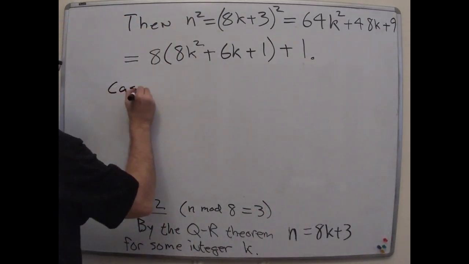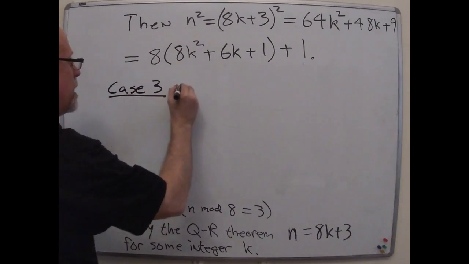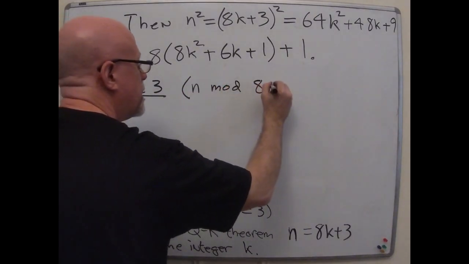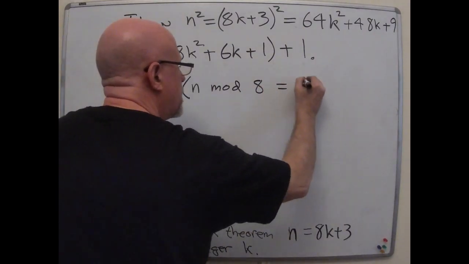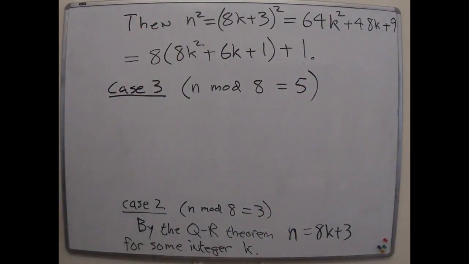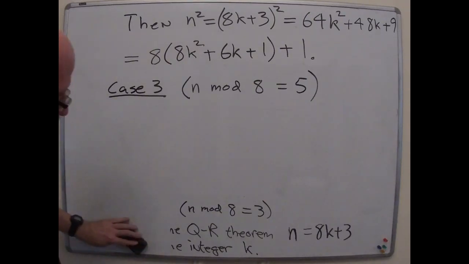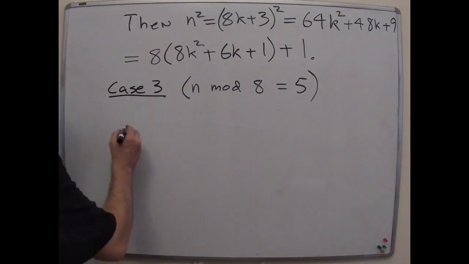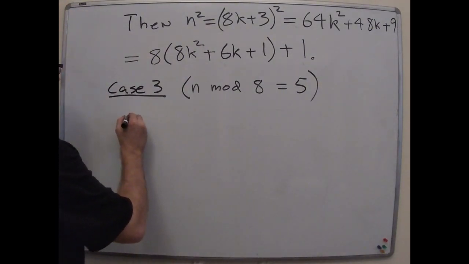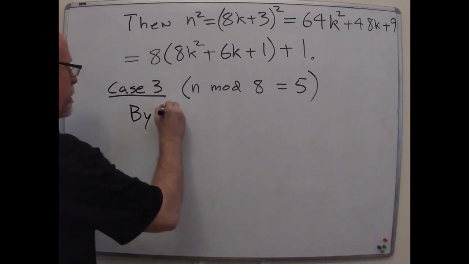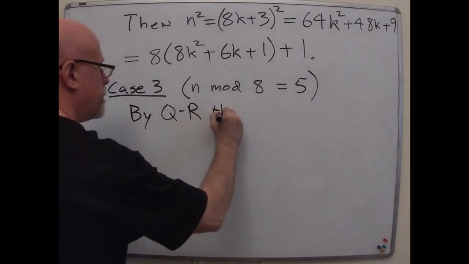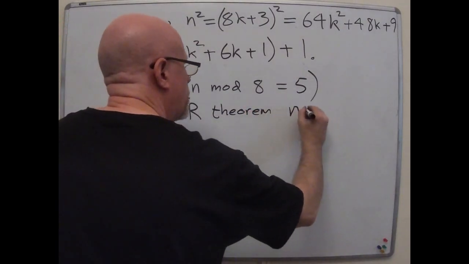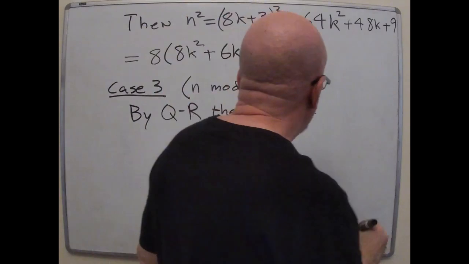Case 3, that's where n mod 8 is 5. So by the quotient remainder theorem, n is of the form 8k plus 5.